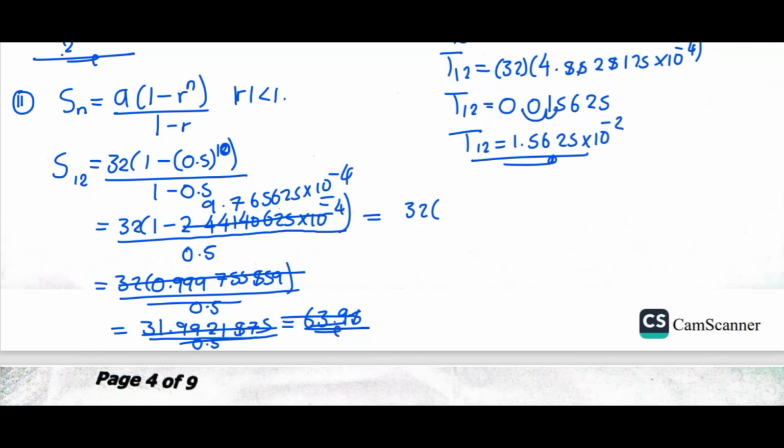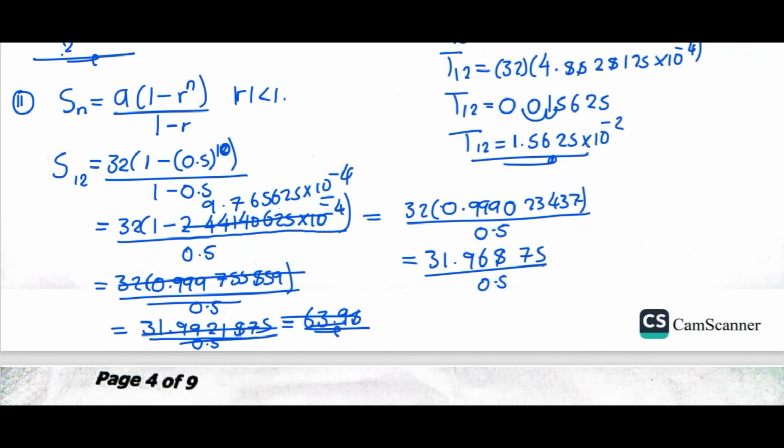Then subtract a1. So it gives me 0.999023437 over 0.5. Then times 32. So getting 31.968 over 0.5 divided by 0.5.